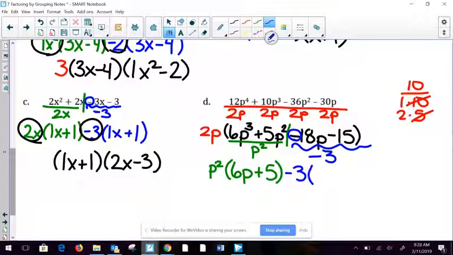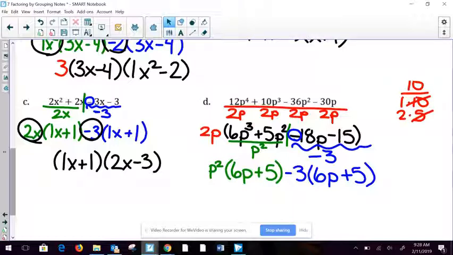And now I divide. Negative 18 divided by negative 3 is a positive 6. I still have my P. And then negative 15 divided by negative 3 is a good positive 5. Oh, check it out. My parentheses match. Yes. So now which one duplicates? You got it. 6P plus 5.